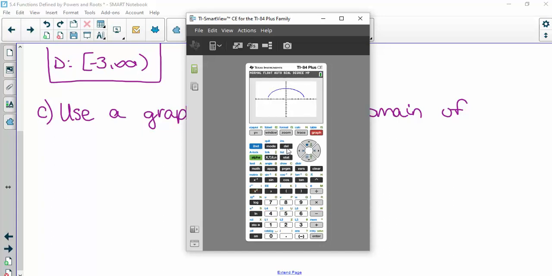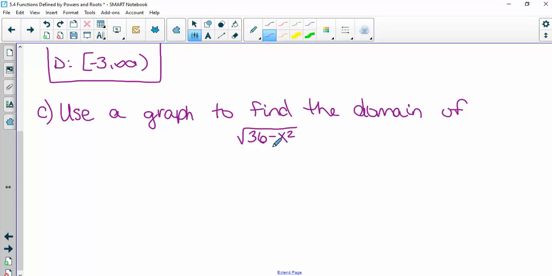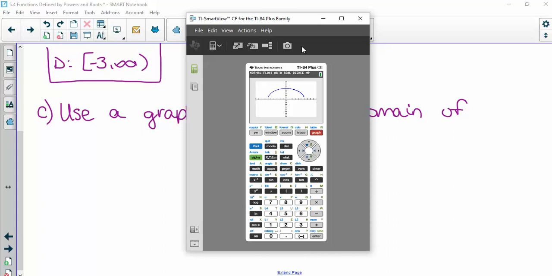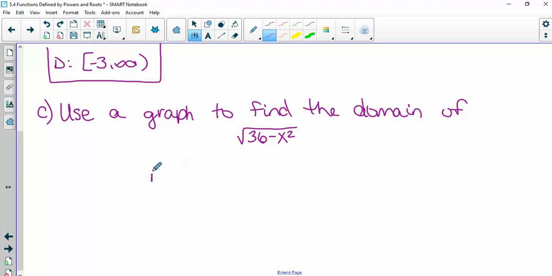If you just set the inside equal to 0, you get positive and negative 6. What we see is our graph starts at negative 6 and ends at positive 6. So my domain is everything between negative 6 and positive 6.